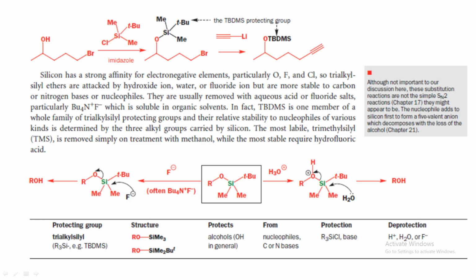So as I said in my starting introduction, today we are going to do most of the protection and deprotection chemistry. Two key concepts I am going to briefly discuss. For oxygen cases, one of the useful protection groups is this type of silicon based protection group.